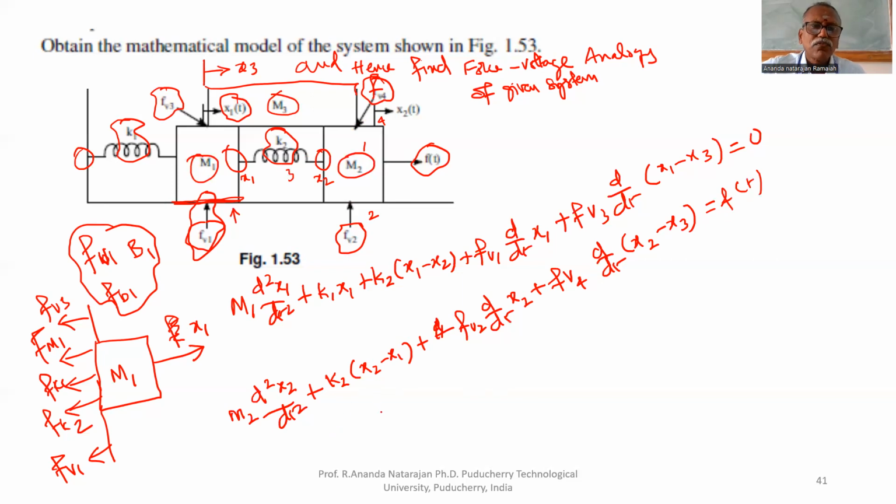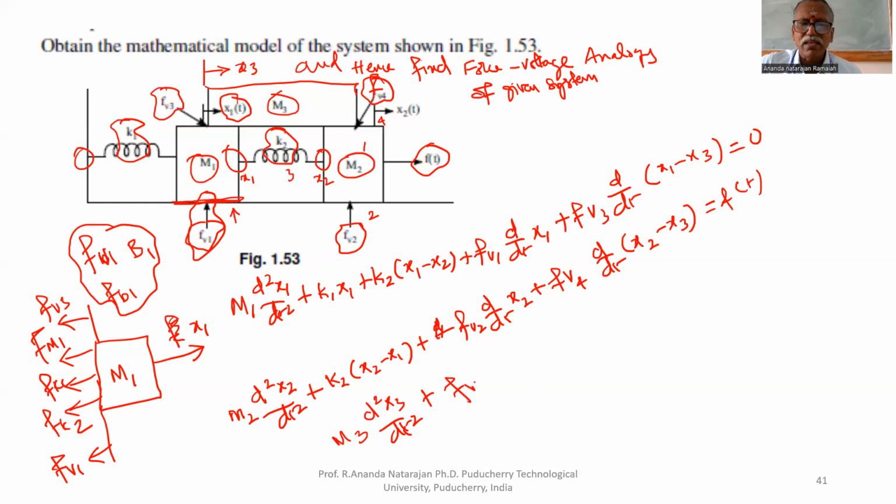Then for M3: M3 d square x3 by dt square plus, no spring, only dashpots. Dashpots are Fv3 and Fv4. That's all. Therefore, no applied force.